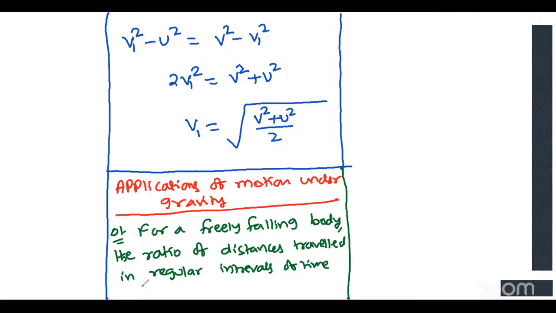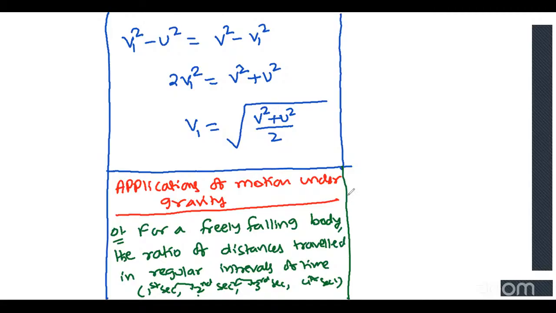Regular intervals of time means first second, second, third second, fourth second, etc. So the time interval between these is 1 second. Between successive times, it is 1 second.